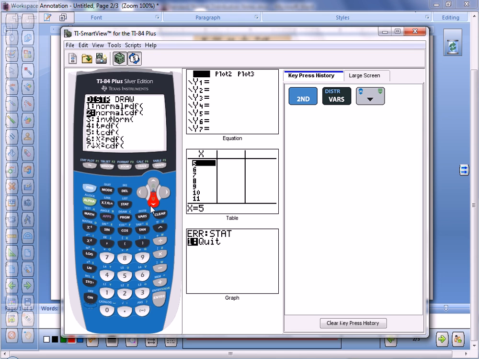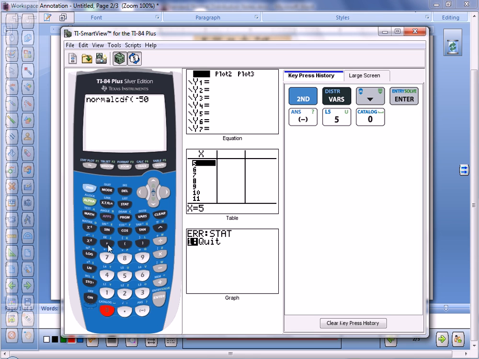Then we enter some small number, like negative 50 will work. Any small number. This is a standard deviation that's so far away it's almost 100%. And then we enter our z-score. Our first z-score was negative 0.99, so we'll do negative 0.99. And this gives us 0.161, and it would round to 1.